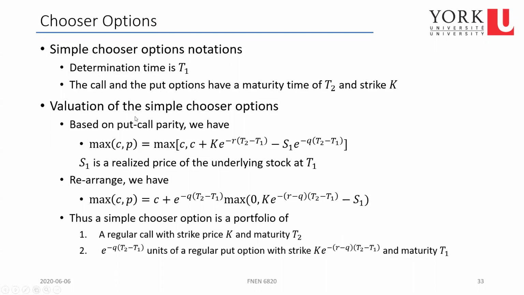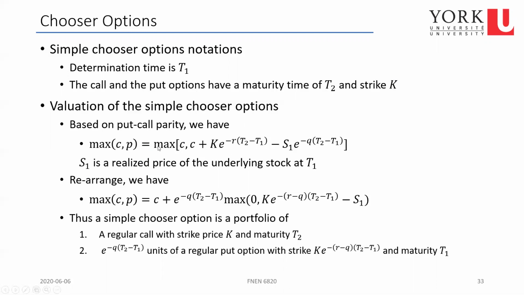So how do we value that chooser option? If you look at it, the payoff function of the chooser option is really the max of the call or the put. Let's take the case where we express the put through the put-call parity condition.